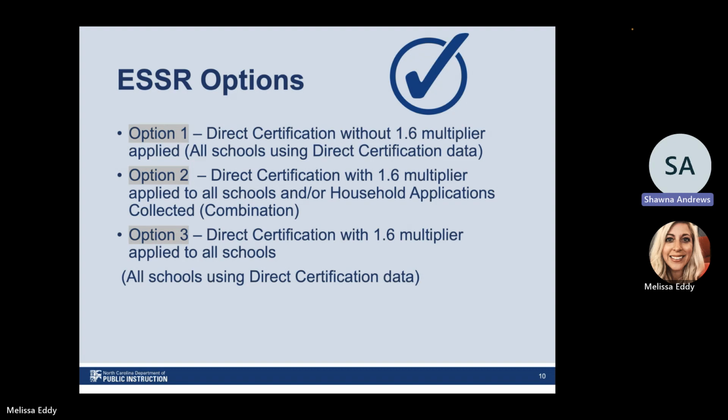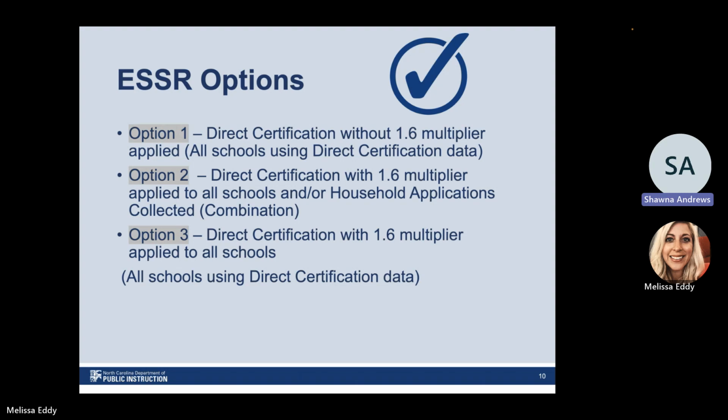You have three options when it comes to ESSR. Option 1 is direct certification without the 1.6 multiplier applied. And all schools would be using direct certification data for option 1. Option 2 is direct certification with the 1.6 multiplier applied to all schools and/or household applications collected.